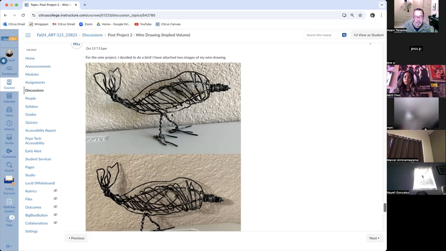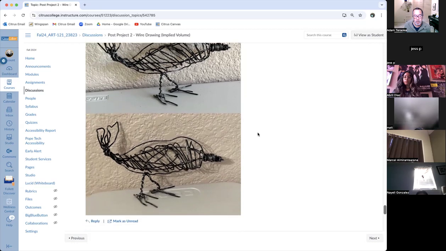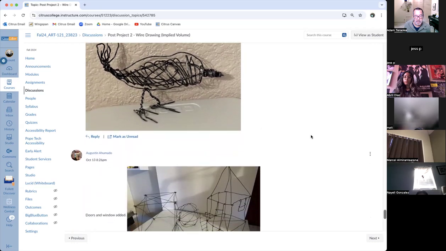You can make this a three-wire construction, and the lines look cleaner, and there's a little bit of volume. The feet are fine like this, and this is a good example of how the black wire works well. It works well for birds' feet and insect feet, that kind of thing. All right, I like that.